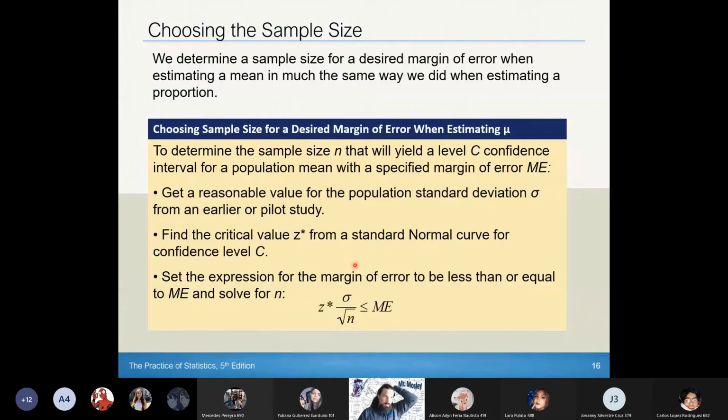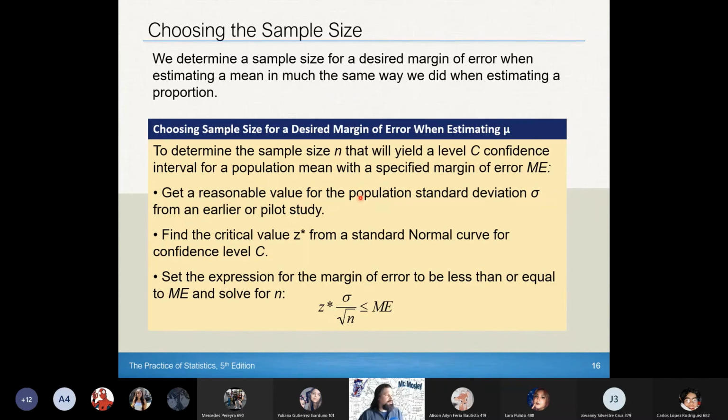Similarly to what we did with population proportion, we sometimes need to estimate the sample size or choose a sample size before taking our sample. So, choosing sample size for a desired margin of error when estimating mu: to determine the sample size n that will yield a level C confidence interval for a population mean with a specified margin of error ME, we need to get a reasonable value for the population standard deviation sigma from an earlier or pilot study.